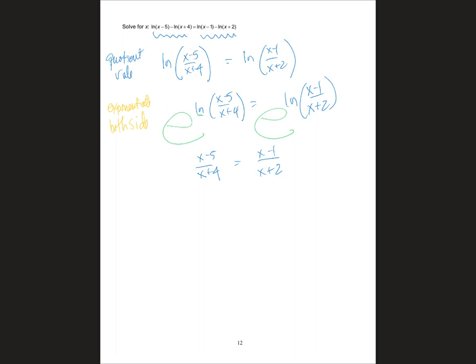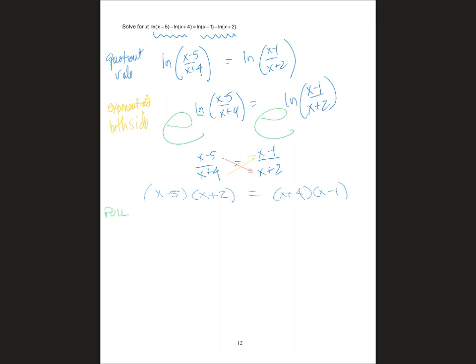So I can multiply across the equality. So I have x minus 5 times x plus 2, and that's going to equal x plus 4 times x minus 1. Now, I just have the product of binomials on either side of the equation, so I'm just going to FOIL each side.